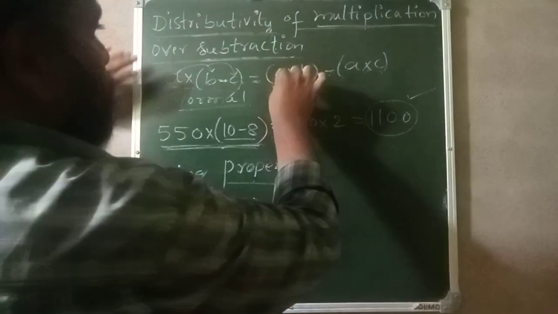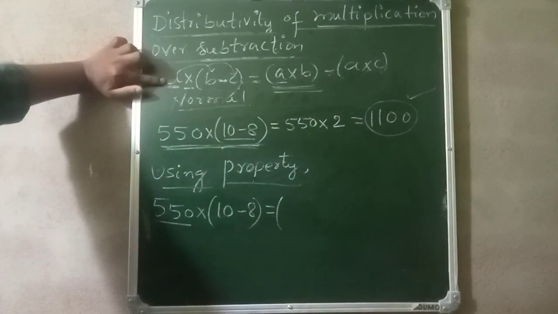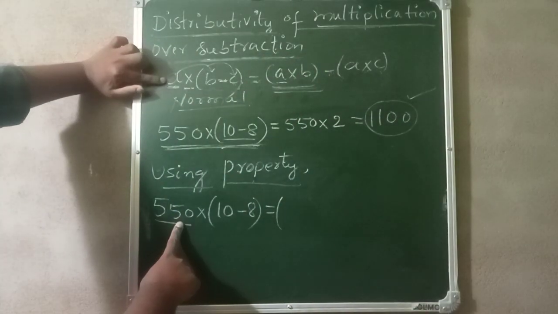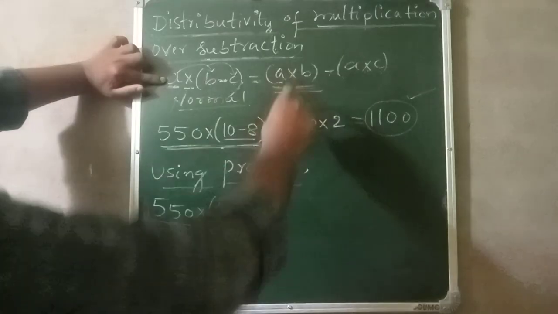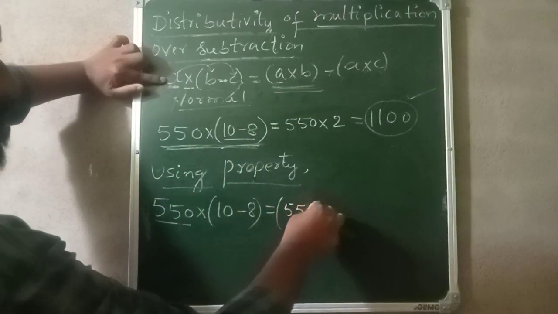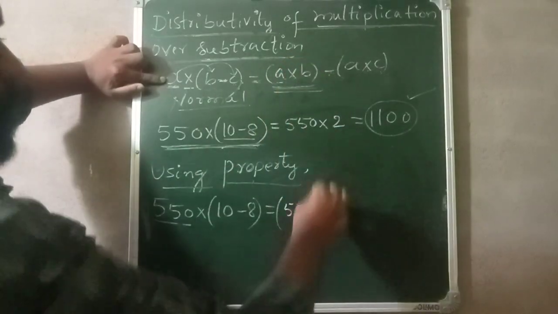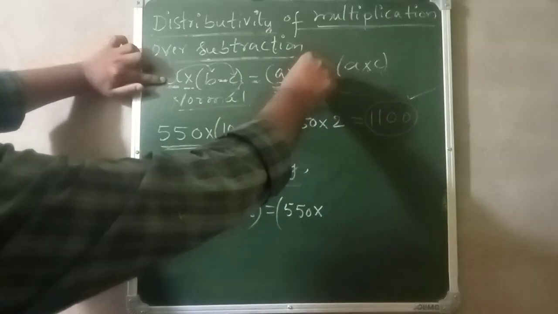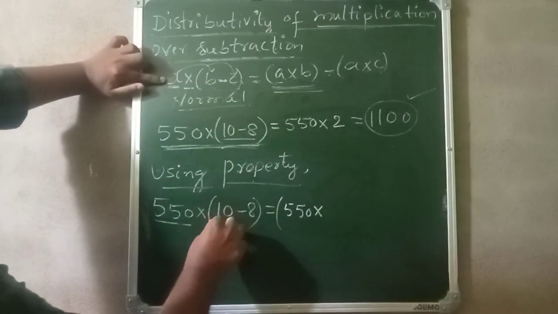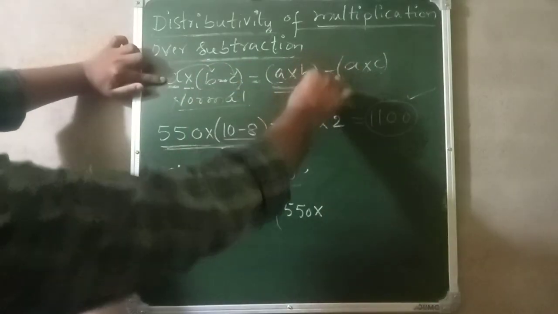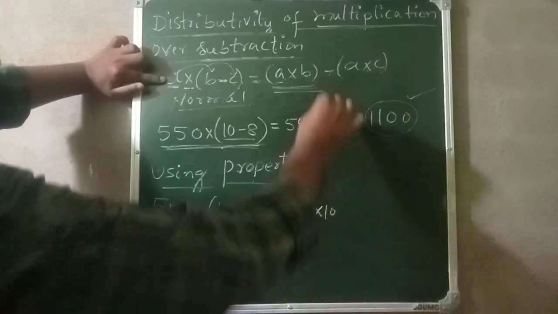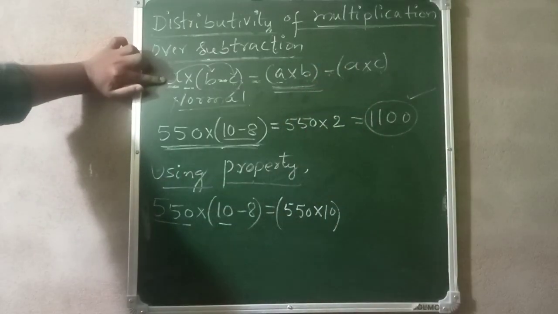In place of A write 550, into B. In place of B write 10. Close the bracket.